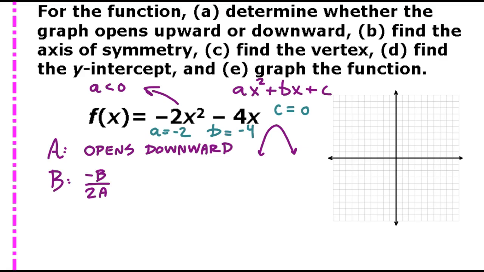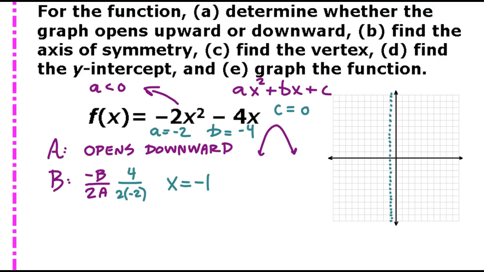So opposite of b, opposite of negative 4 is positive 4 divided by 2 times negative 2, which is going to be negative 1. So x equals negative 1 is my axis of symmetry. What that means is that's the line that goes through the vertex that cuts our parabola in half symmetrically.